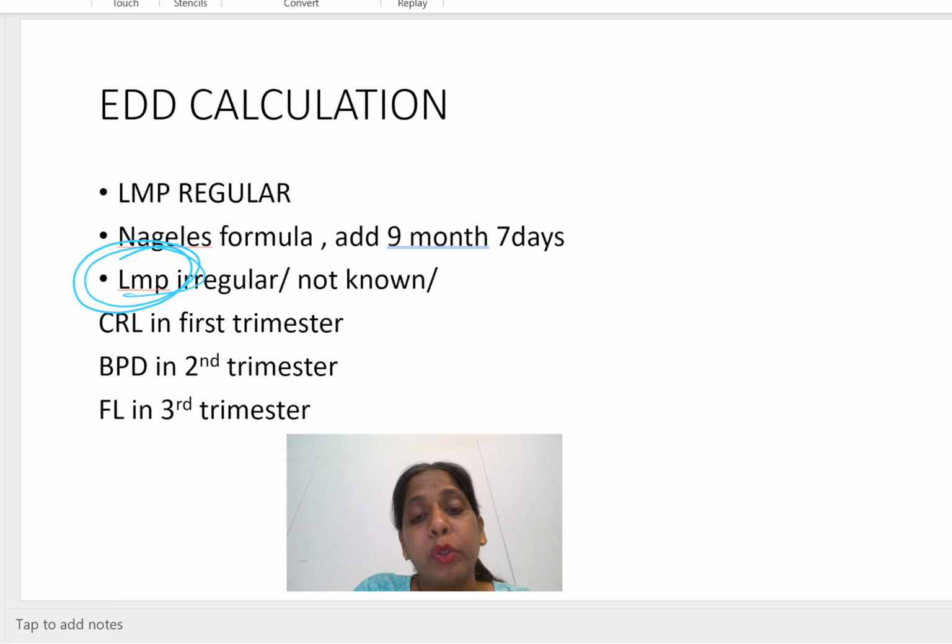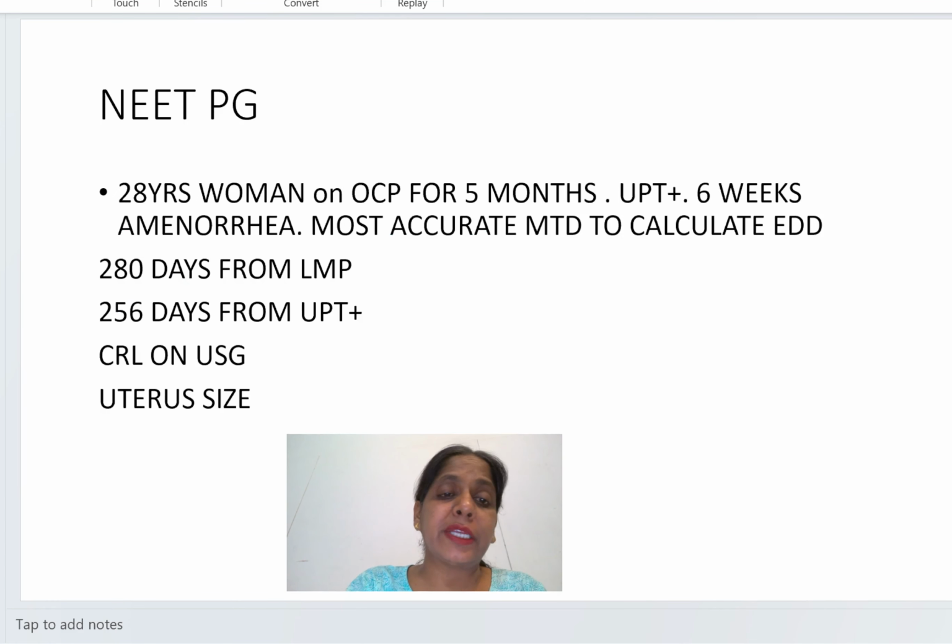And you will know the EDD, but the only thing you have to keep in mind is whether the LMP is regular or not, right? Now in this question the female was taking OCPs for 5 months, and it was an OCP failure case. As you all know, in OCP there is no natural menses, there are artificial menses, OCP induced menses.